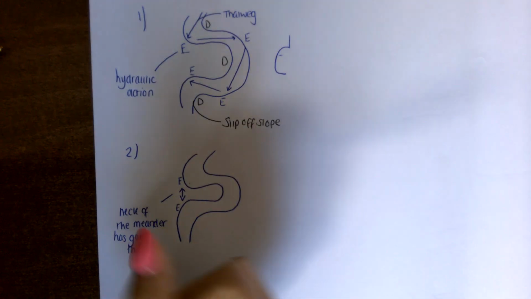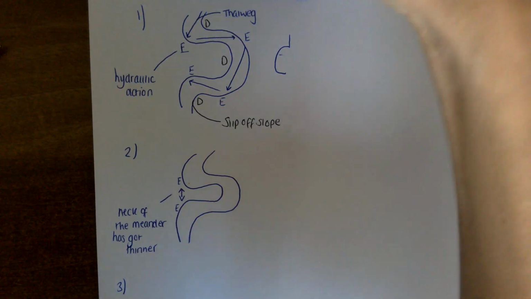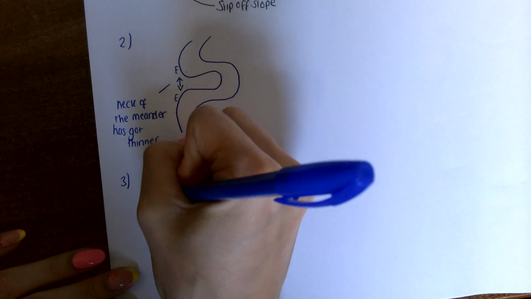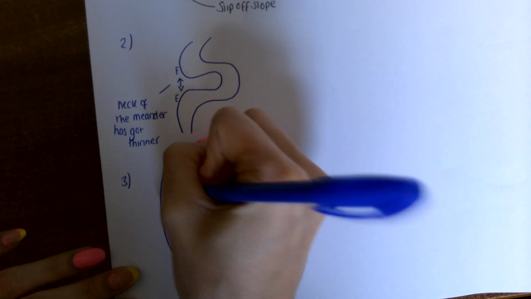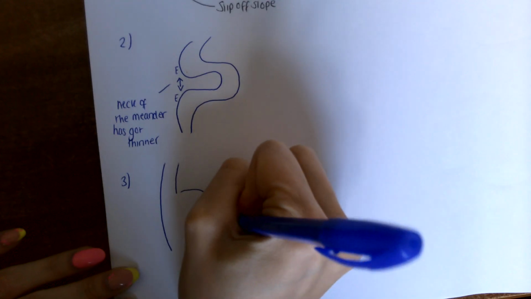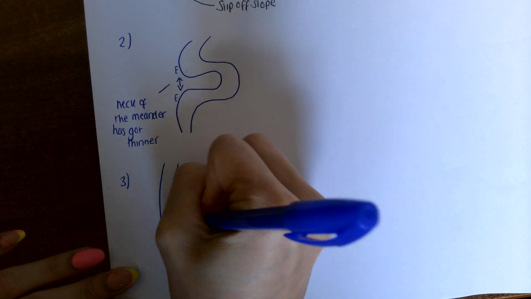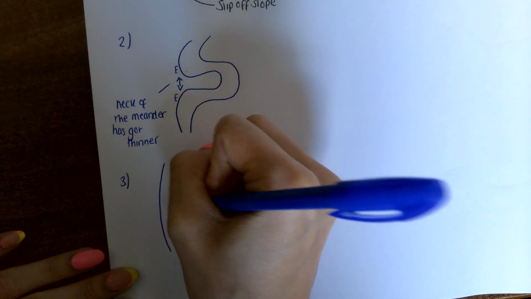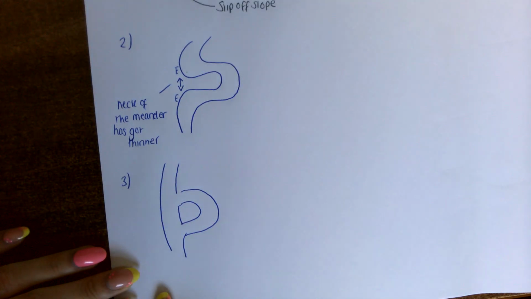What eventually will happen, which a lot of us do talk about in our exam, we forget this middle stage, is our river is going to want to follow the shortest route possible to its next destination. So we tend to find this happen.